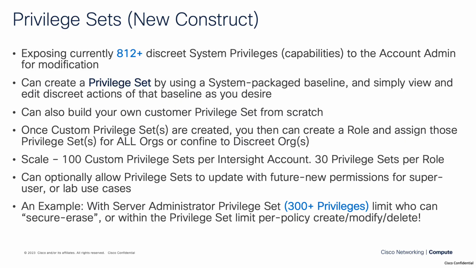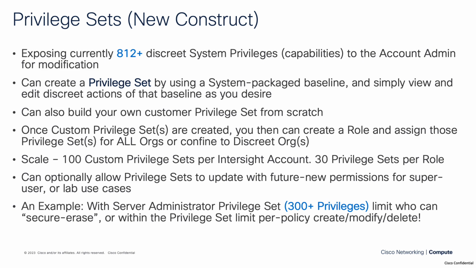If we use an example of server administrator, there are 300 privileges within the server administrator privilege set. And as an example, we could take away that server administrator's ability to secure erase the disk.